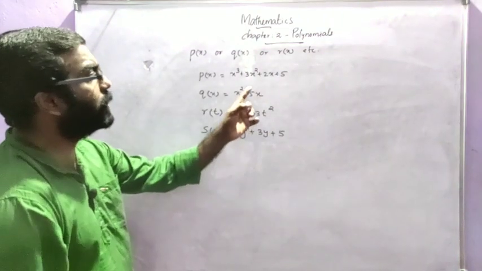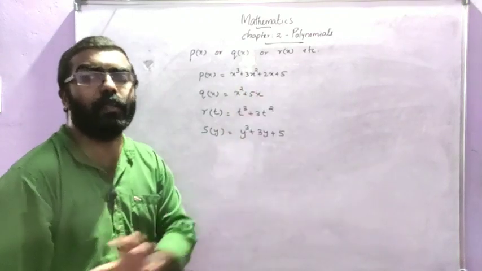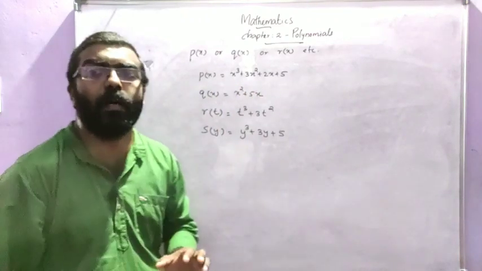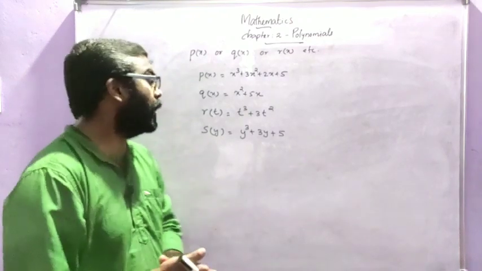In the first two examples the variable is x, so we can say that p of x and q of x are polynomials in the variable x.